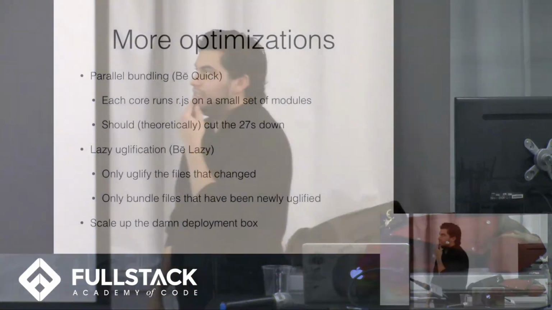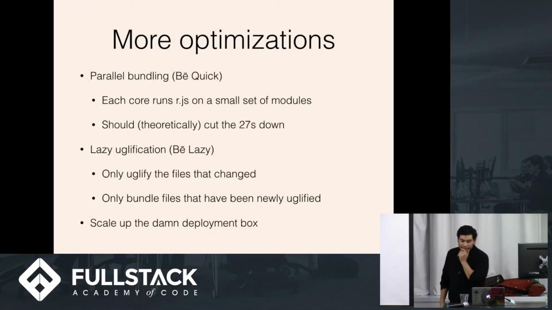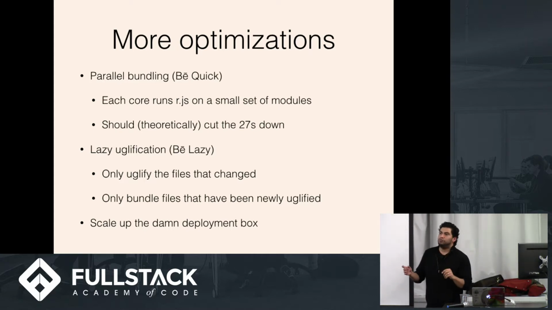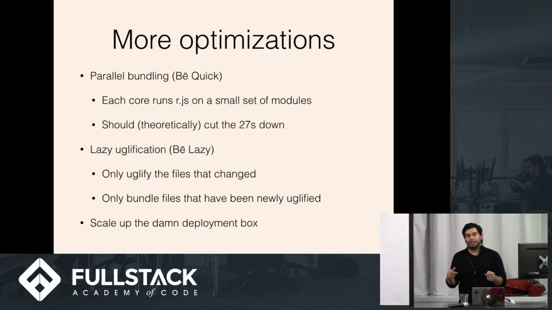So we were thinking of some ideas, and we came up with this idea of Be Lazy. Be Lazy banks on this feature of RJS, which says, hey, if you still have the remnants of the old build lying around, then I'll use that and only rebuild bundles that have changed, where part of the dependency tree of that bundle has changed, and so I need to regenerate the bundle.